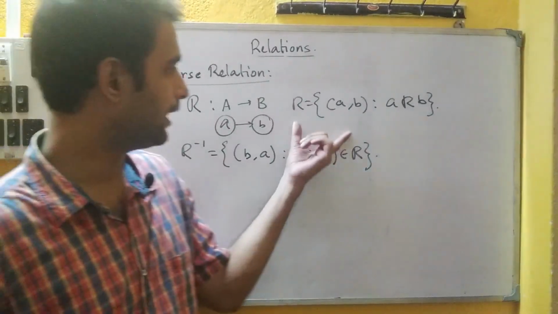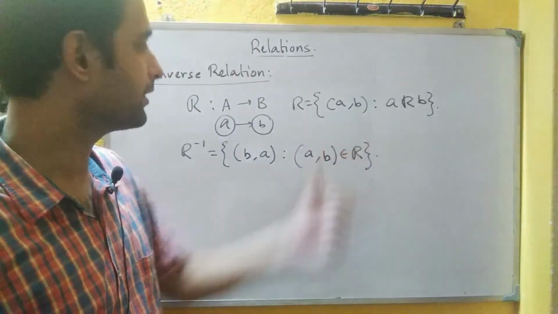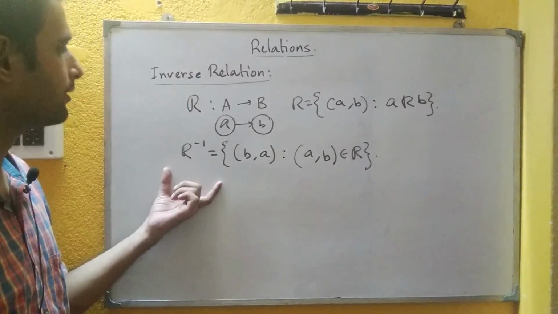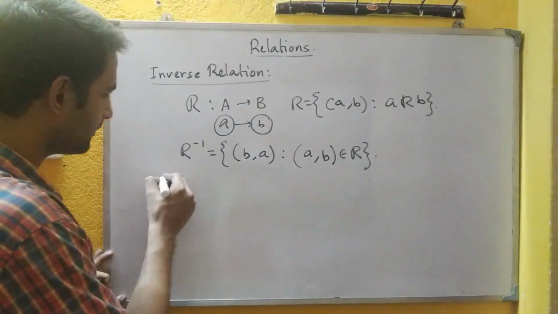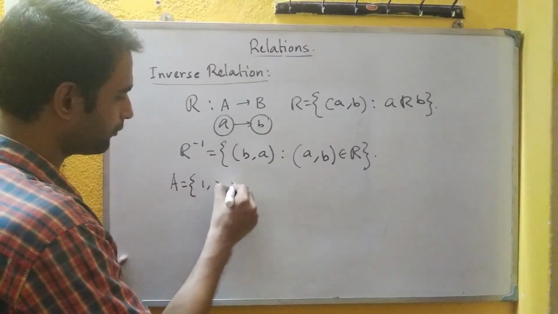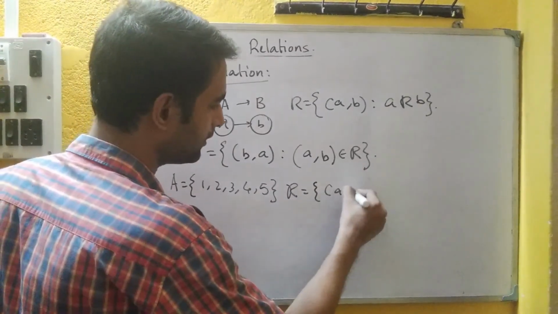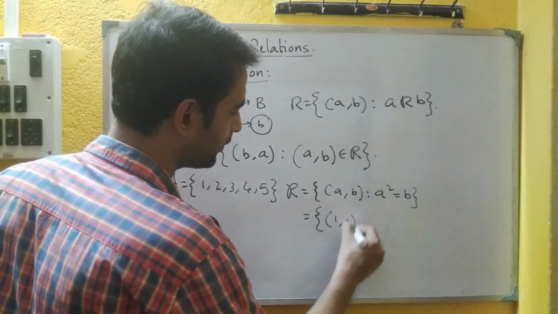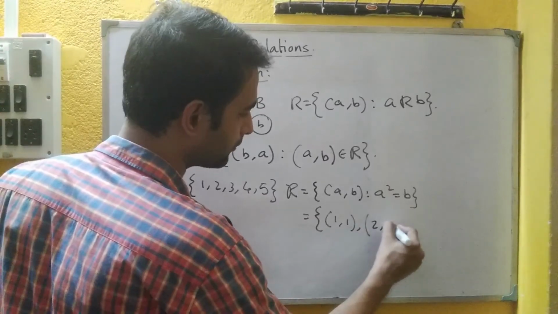So what is the procedure? You take the relation R, take all the ordered pairs in it, and then reverse the order for each element, and the new collection will be called the inverse relation for the relation R. So the example we have taken just before this was on the set 1, 2, 3, 4, 5, and the relation was A, B such that A square equals to B. We have seen the elements were 1, 1 and 2, 4.